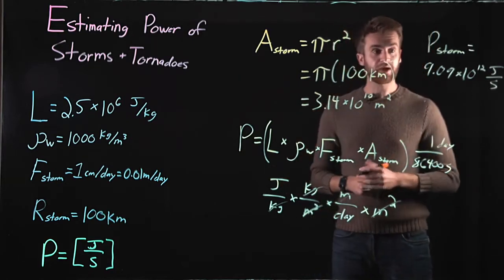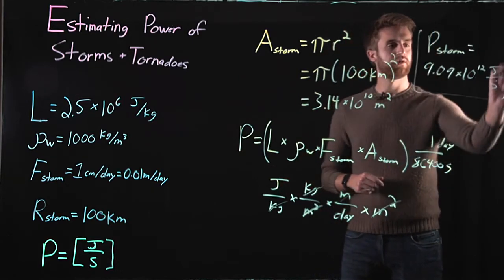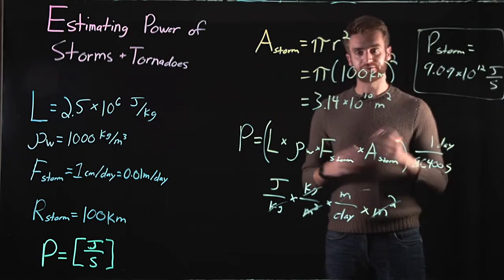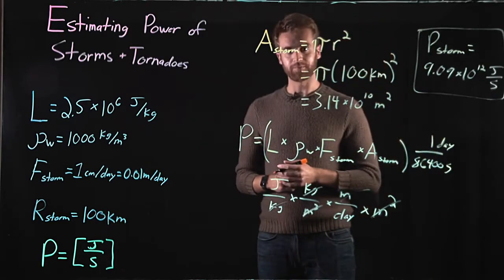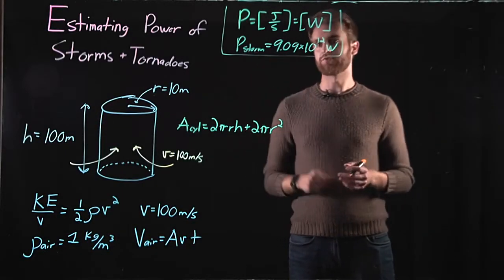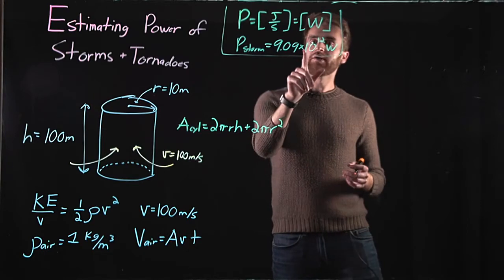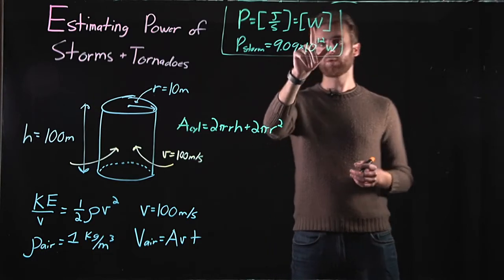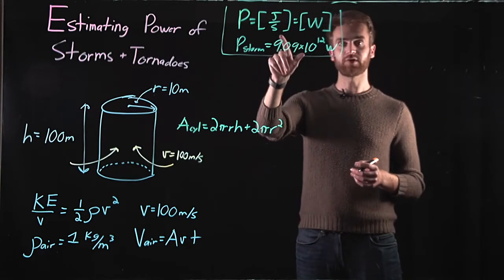Okay, so that right here is the power that is released by this particular thunderstorm. So we just found the power released by a typical thunderstorm, which was 9.09 times 10 to the 12 watts, where 1 watt has units of joules per second.